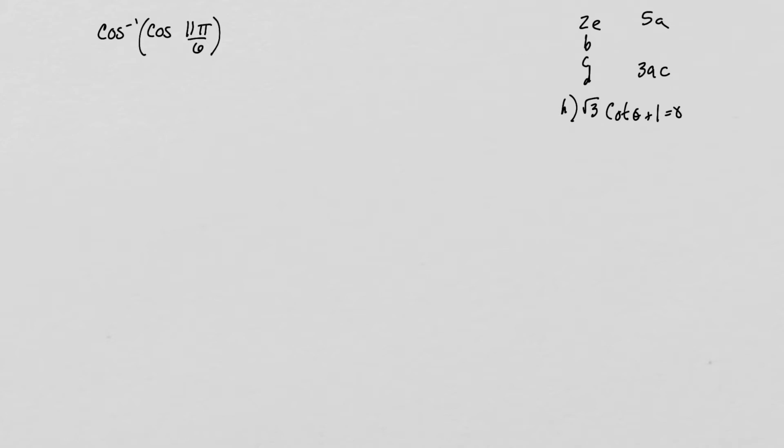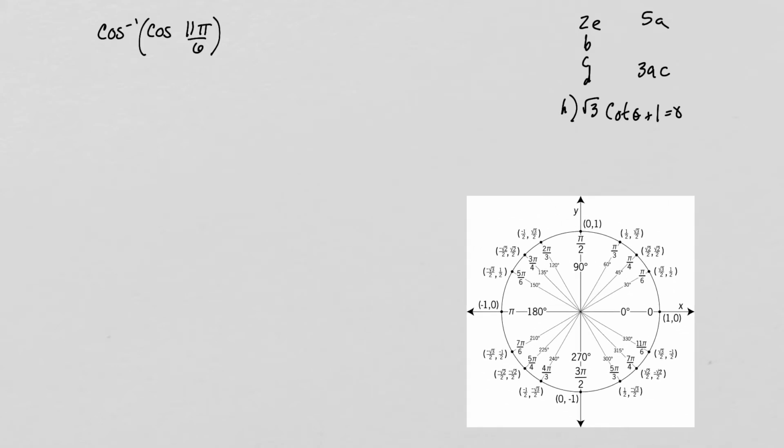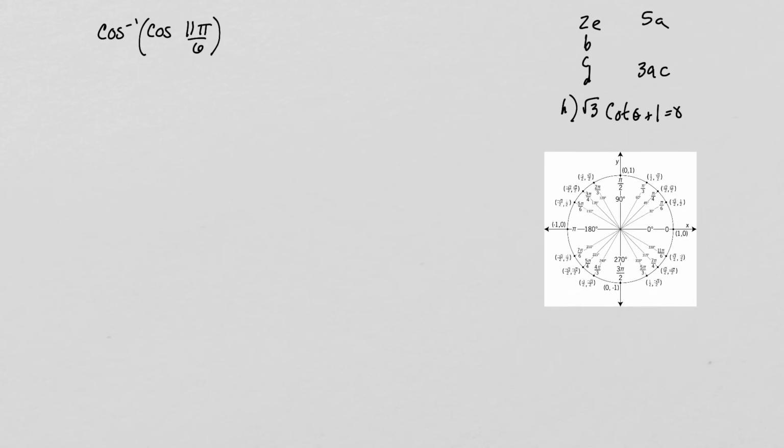So, let me add in my unit circle here again. Okay, so inverse cosine is only defined in the first quadrant and second quadrant. So if I look at 11 pi over 6, it is down here in the fourth quadrant.